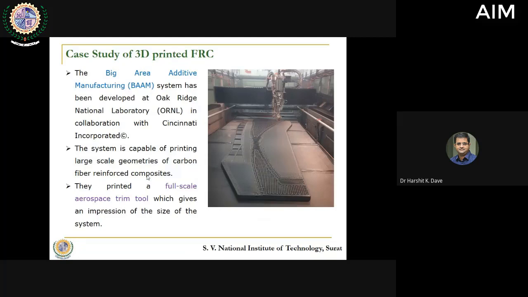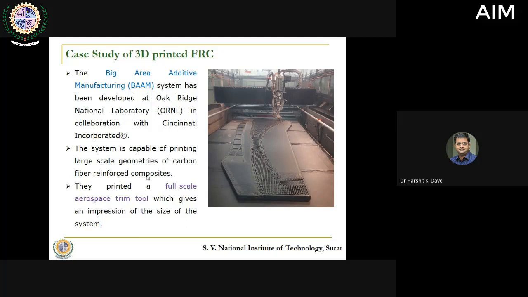There is an interesting case study using the same principle, where a big area additive manufacturing system, which is developed by Oak Ridge National Laboratory along with Cincinnati, they have created a very large machine, and they are able to print very large scale sizes of different geometries with carbon fiber reinforced polymer composites.